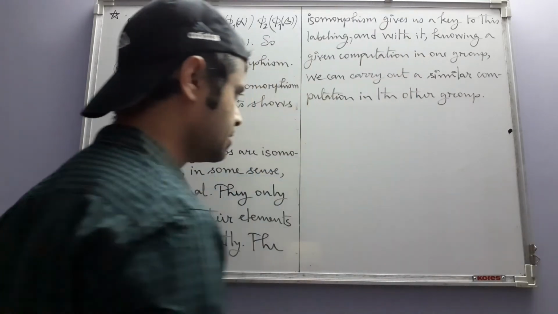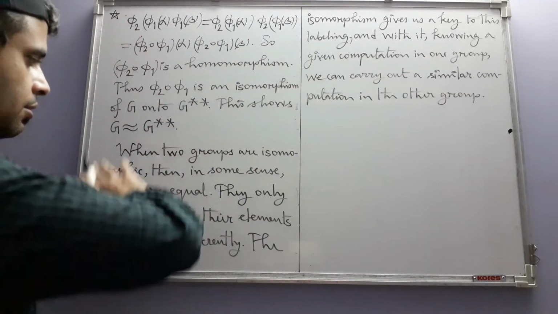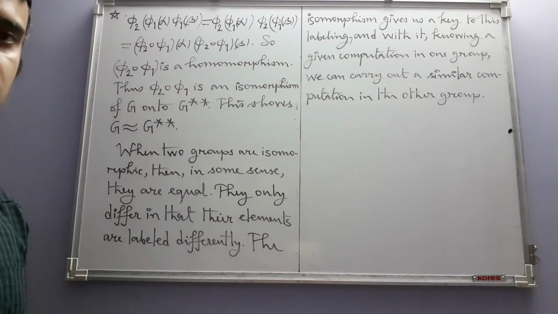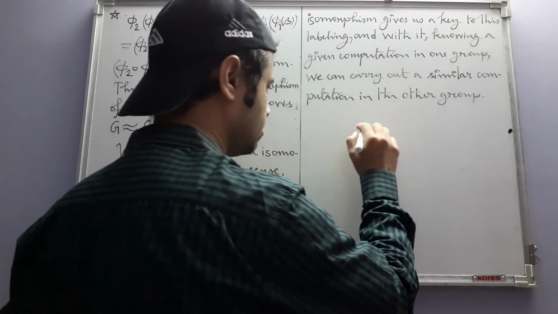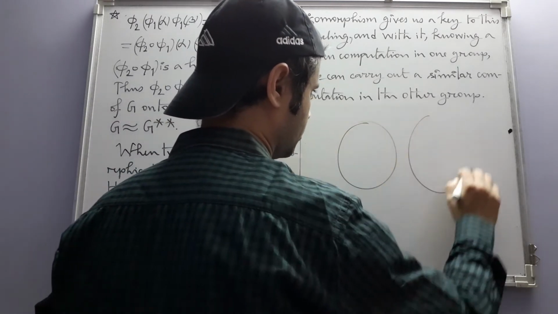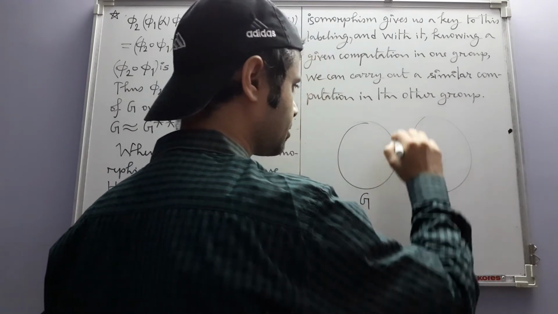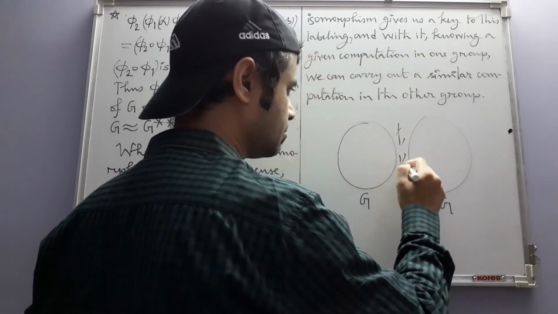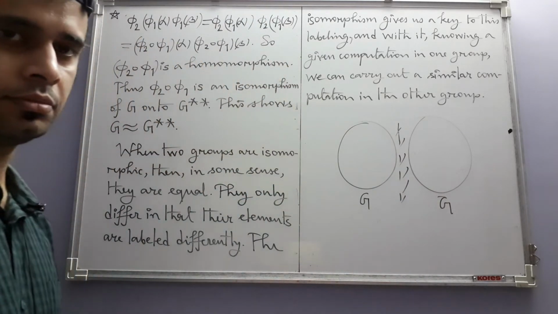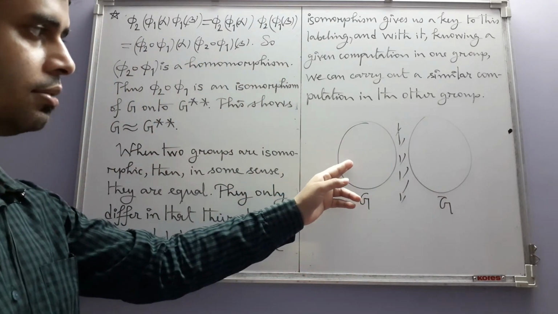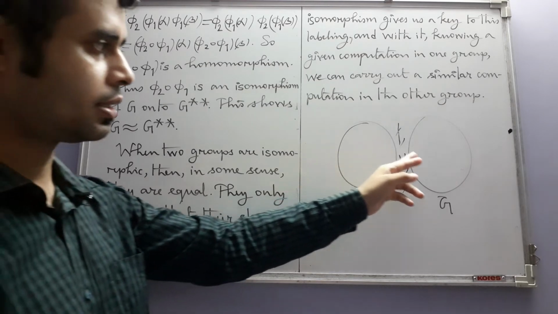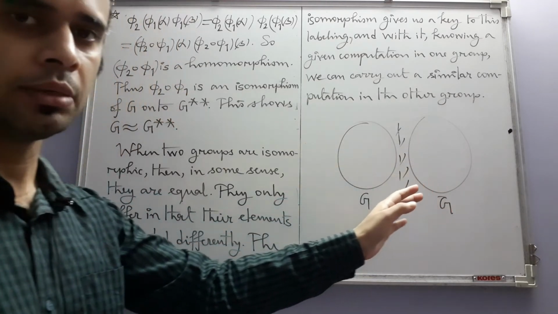We have already discussed this when we defined homomorphisms themselves, how a homomorphism between two groups is actually like a mirror, where on one side you have the actual object, on the other side you have its mirror image.